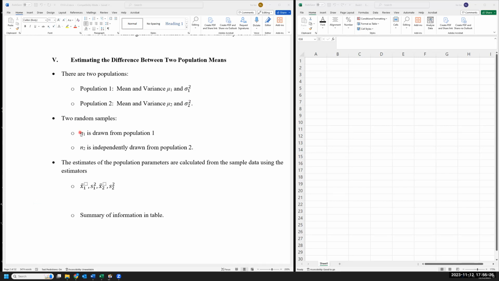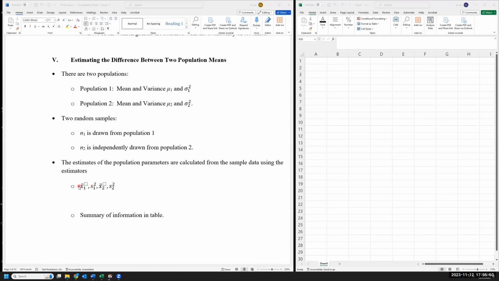We draw a sample of N1 from population 1 and N2 from population 2, N1 being how large the sample. Say N1 is 1,000 men, N2 is 1,000 women. And given that we drew a sample of 1,000 men, we could calculate the sample mean and the sample variance.